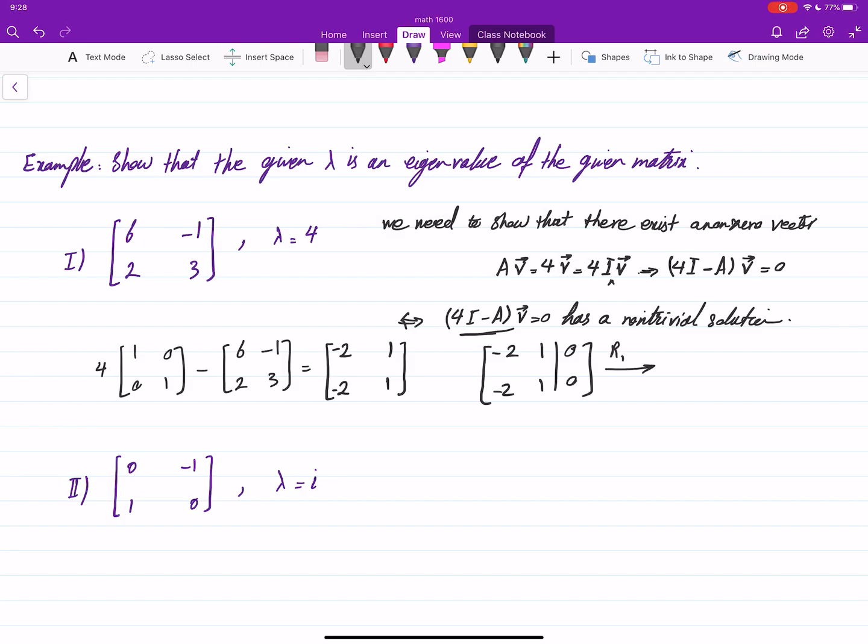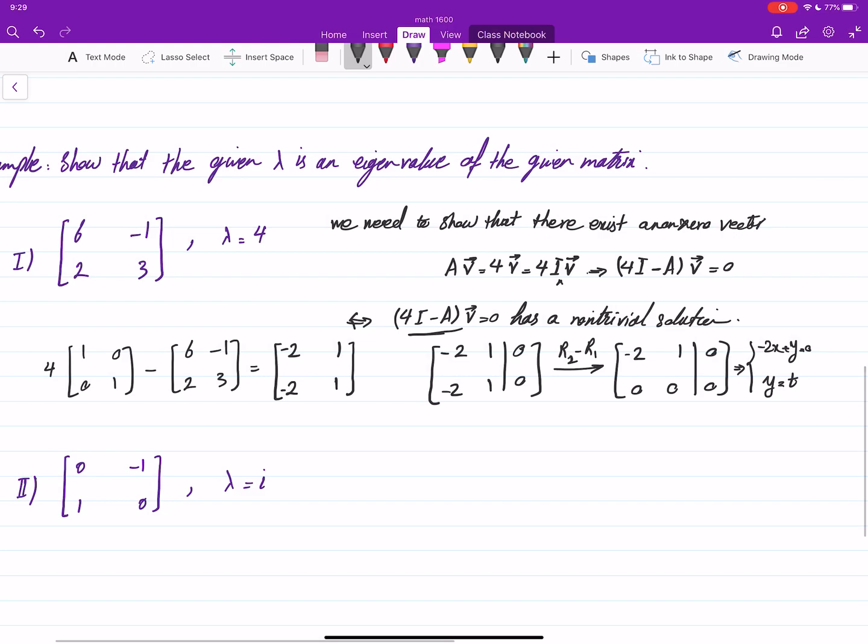Just R2 minus R1 would give us 0, 0, negative 2, 1, and 0, 0. From there, you can see that negative 2x plus y needs to be equal to 0, and y needs to be our free variable t.